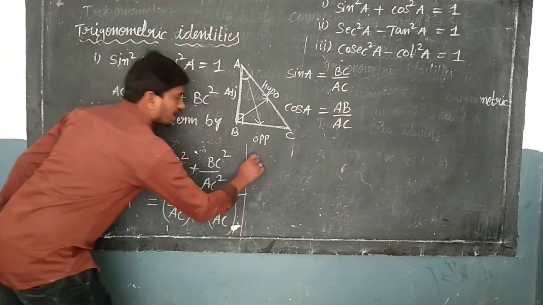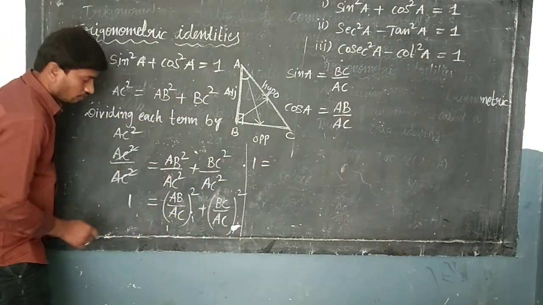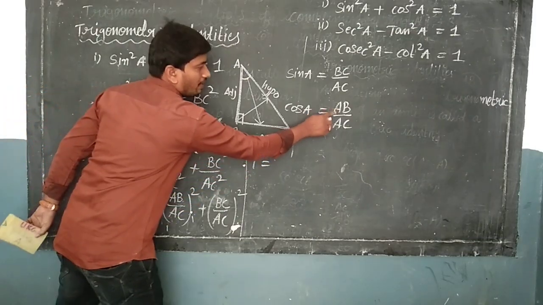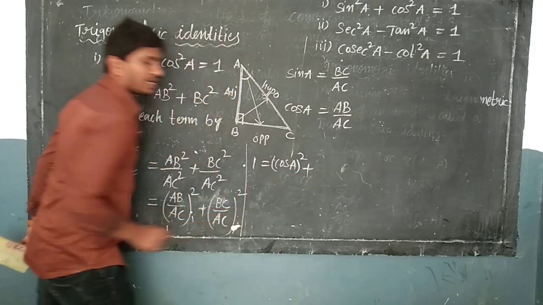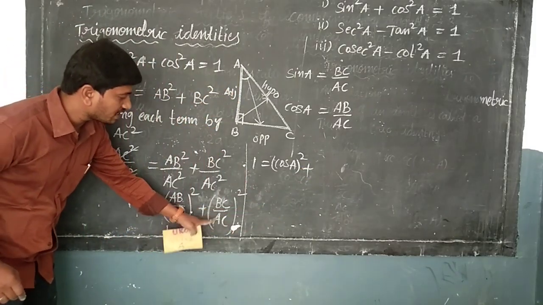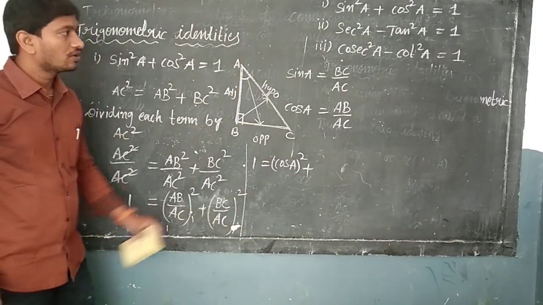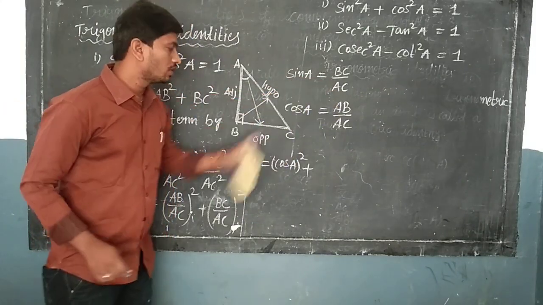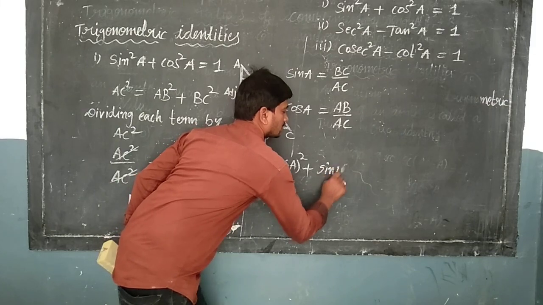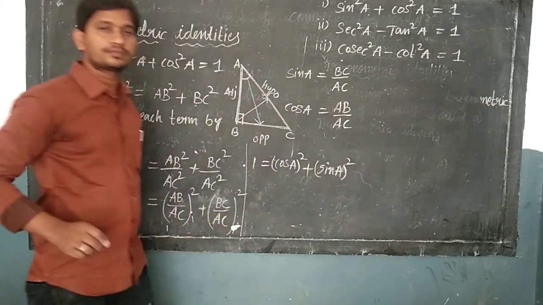Here the left hand side 1 is there as it is. AB by AC is nothing but cos A whole square plus, here we got BC by AC whole square. BC by AC is nothing but the sin ratio, I can write as sin A whole square.